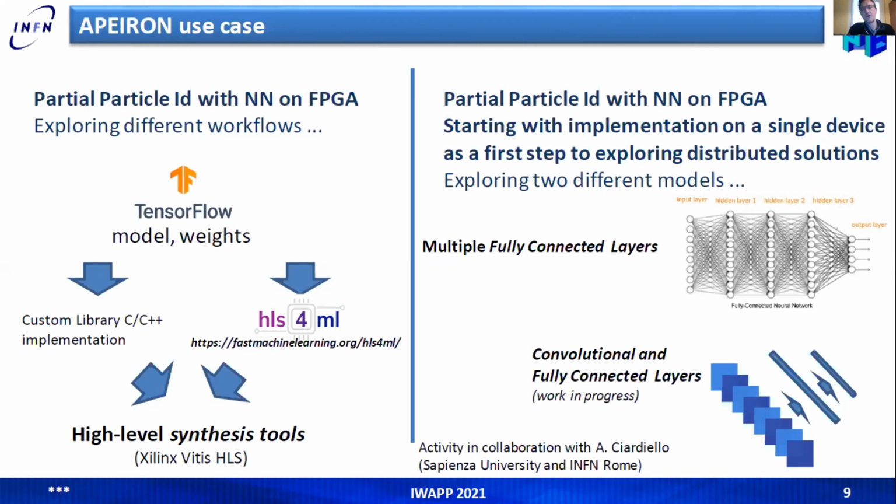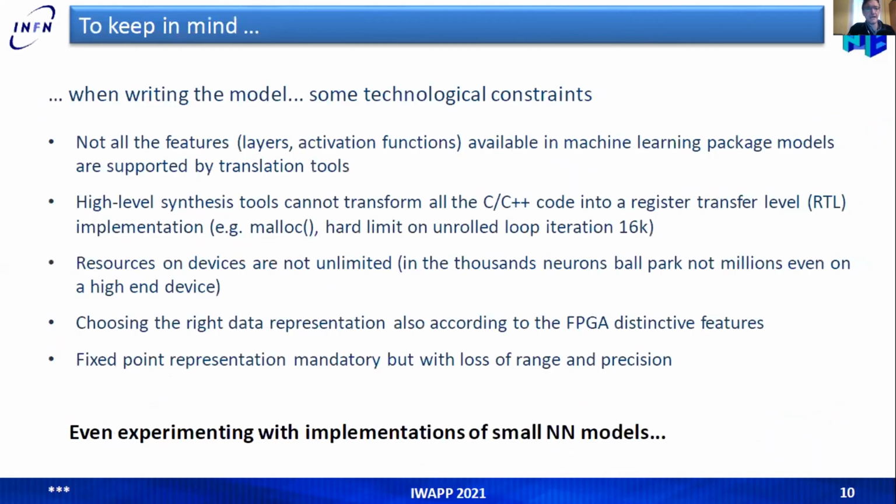We focus on a simple model with multiple fully connected layers to identify the rings in the data. And we are also working on a model with convolution and fully connected layers, but this is currently a work in progress.